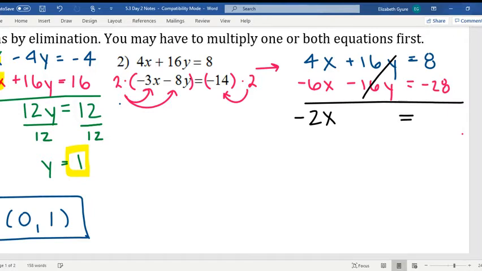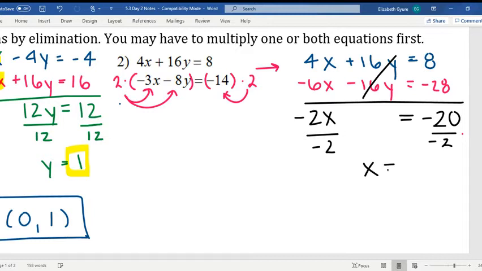Bring down your equal sign. And Annalise, what is 8 minus 28? Yep, negative 20. We got more negatives. Good. So negative 20. And then Hayden, what's our final step for this? Yeah, divide both sides by negative 2. You don't have to worry about dividing by the x, just the negative 2 part.